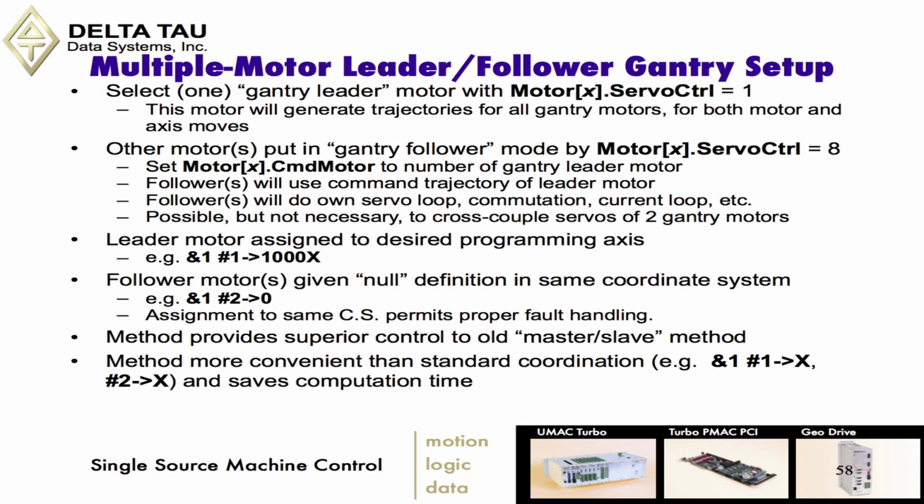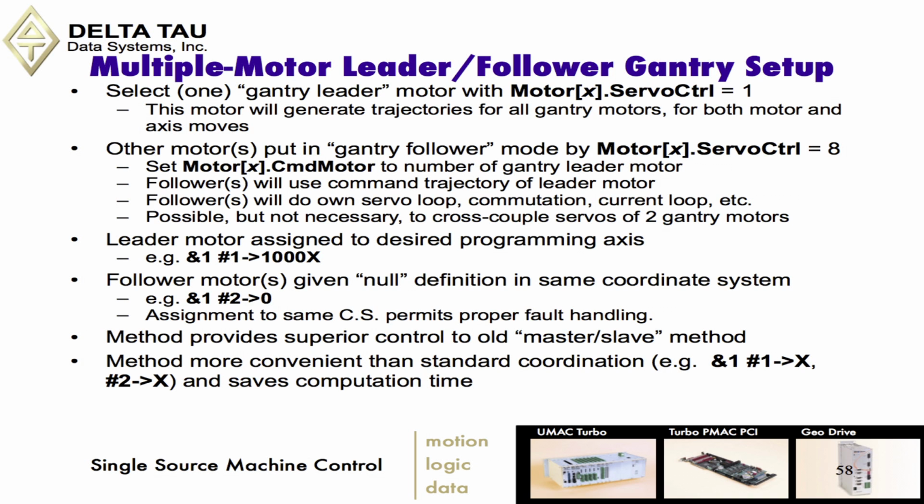So the slave motor is put into this mode as the gantry follower, and then the slave motor's command structure element will be set to tell it what it's looking at for its leader motor. The leader motor is typically assigned to an axis, so it's following a trajectory.